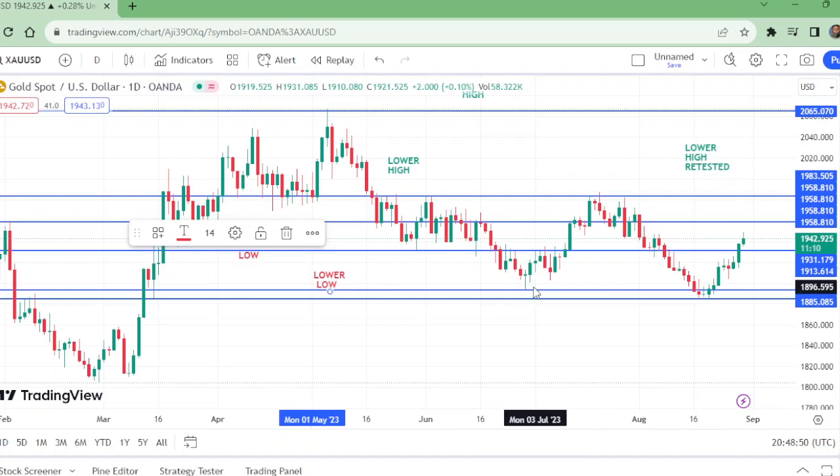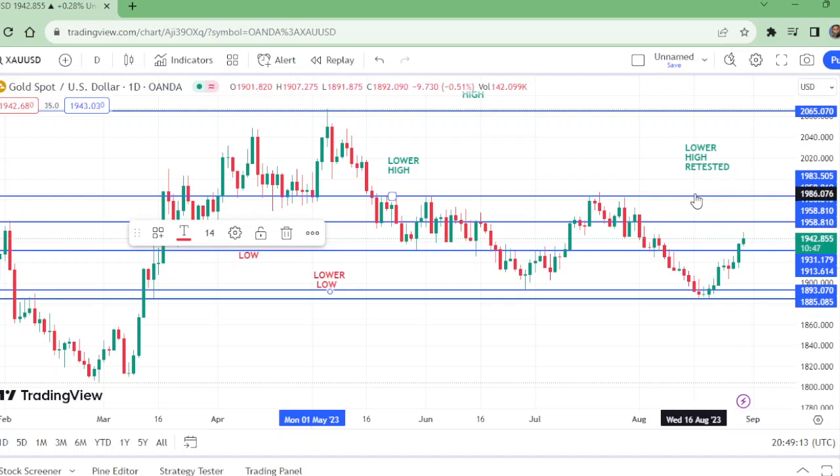This was the previous lower low and this is the new lower low. And now the market is expected to retest this level, and this would be a new lower high. And after coming from this level, it is expected that the lower low will also be broken.